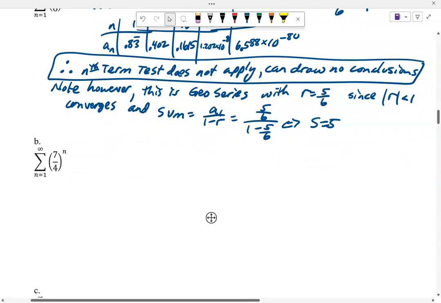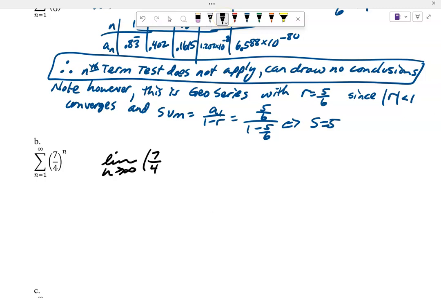But we're using the nth term test on each of these. Let's do another one here. Let's run the nth term test on this (7/4) to the n. See that 7/4, that's going to be getting bigger, right? If I plug in n, with the table of values, this is just shooting to infinity.